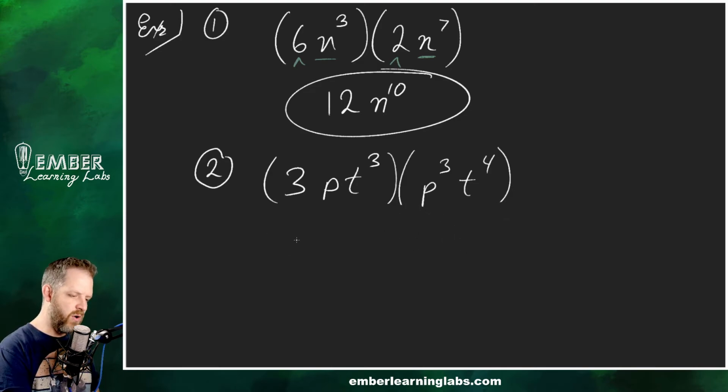There we go. We don't have anything to multiply 3 times, so 3 times 1 is just 3, right? And then the p's are alike, and the t's are alike. Remember, if there's nothing there, there's a hidden 1, right? So we've got p to the 1st times p cubed. 1 plus 3 is 4. So this turns into 3p to the 4th t to the 7th.